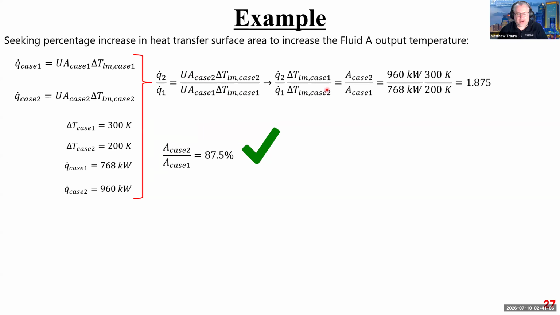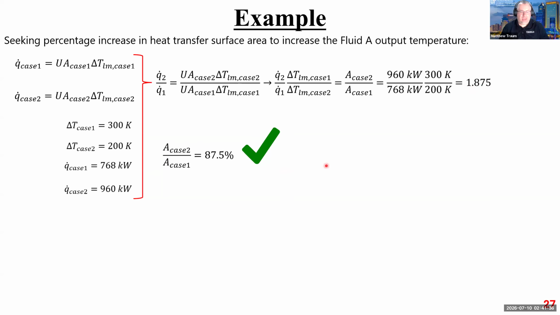So I'm going to move everything to the other side of the equation to leave the ratio of areas untouched. So I have A2 over A1 equal to Q dot 2 times delta T of case 1, all divided by Q dot 1 times delta T for case 2. I know all those values, I've got them all tabulated here, so I just plug them in.